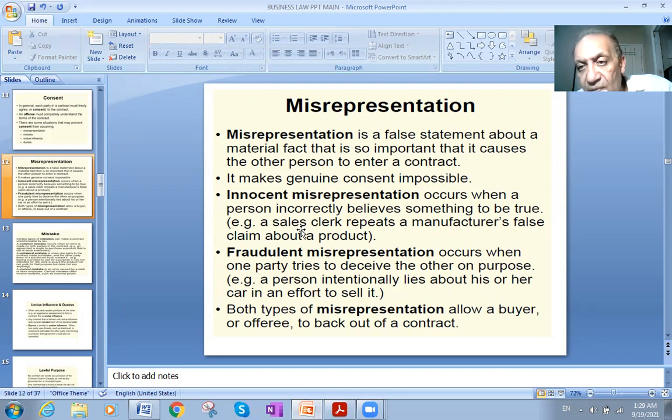We'll stay here around 5 minutes to gather information. If you can go to Google to see examples of misrepresentation, that should be fine. You can go to Google and check out some meanings of misrepresentation.